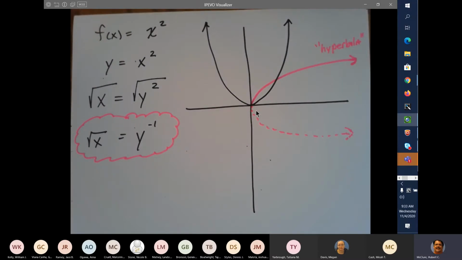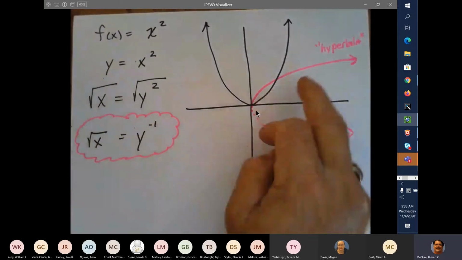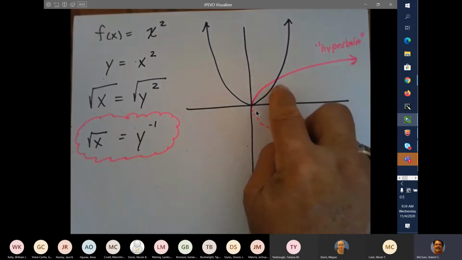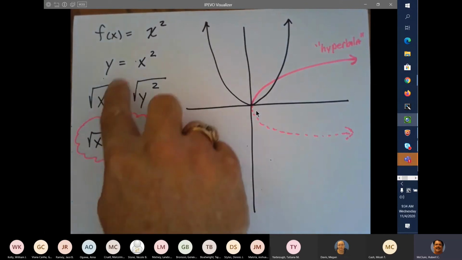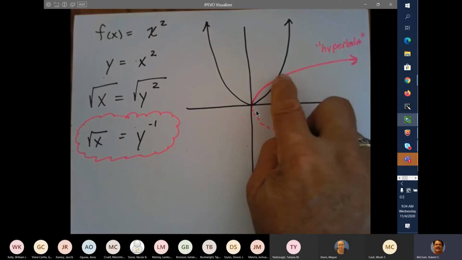Okay, so test question right here. Test question right here. Now, of course, if you wanted to find out where it intersects, you would set these two equal to each other. Square root of x is equal to x squared, and have fun with that. Or you could just use trace and intersect and find the intersection point.